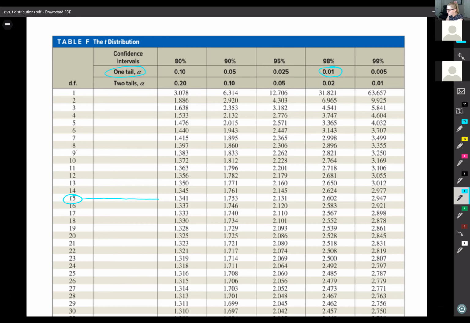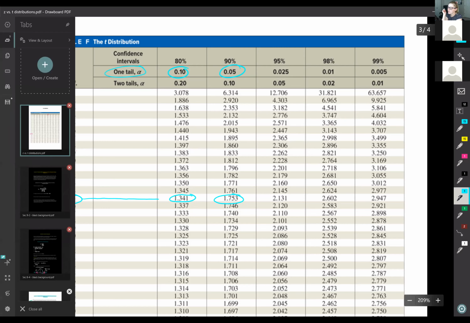In this row, you can see that 1.6 falls between 1.34 and 1.75. So what that means is that our p-value is going to fall between 0.10 and 0.05. I went over how to do this in the lecture video, so if you haven't watched it yet, this is not brand new. There is a little tutorial of me teaching how to do this. So our p-value falls between 0.05 and 0.10.